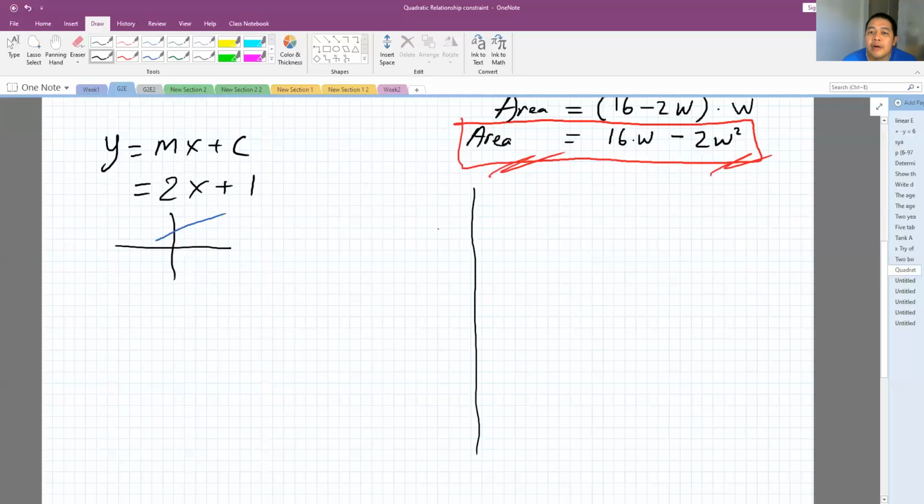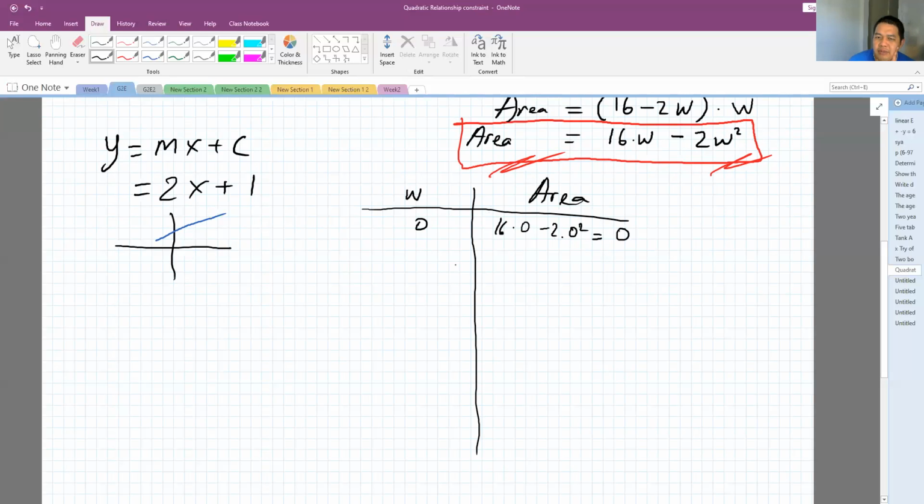So for example, if I have the values of the width and the values for the area, we can start from, say, the width equal to 0. So when the width equals 0, when you calculate 16 times 0 minus 2 times 0 squared, that will give us also 0.